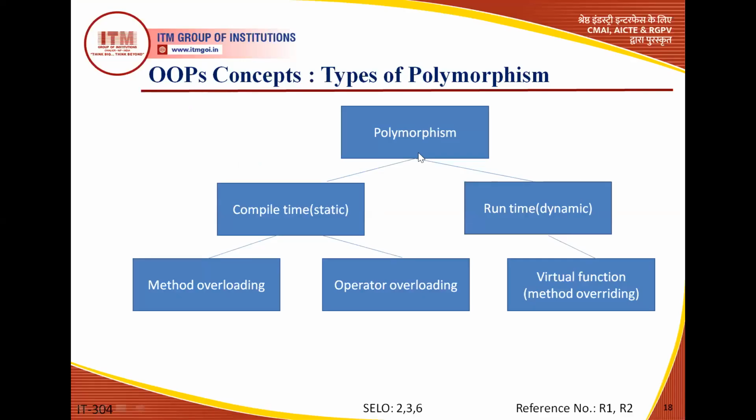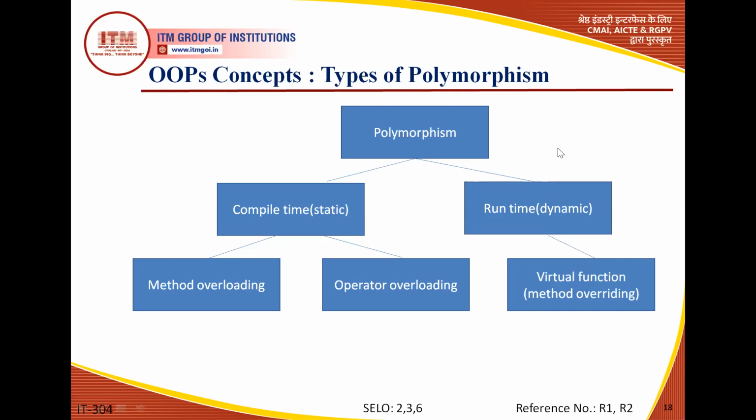Let us understand this topic, polymorphism. Polymorphism is of two types, compile time and runtime. Compile time polymorphism is static polymorphism, which means the things are decided at compile time, and runtime means the things are decided at dynamic time.